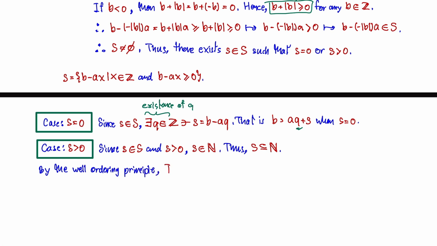We must have a smallest element in set S. Suppose that R is the smallest element in set S, it must be less than or equal to all the elements in set S. In this case, Y is greater than or equal to R.